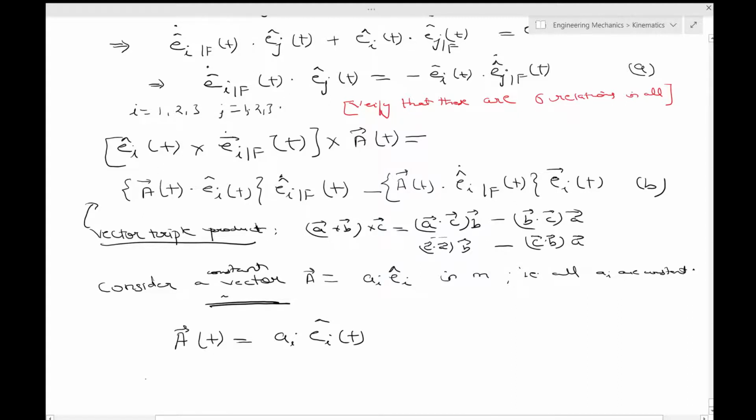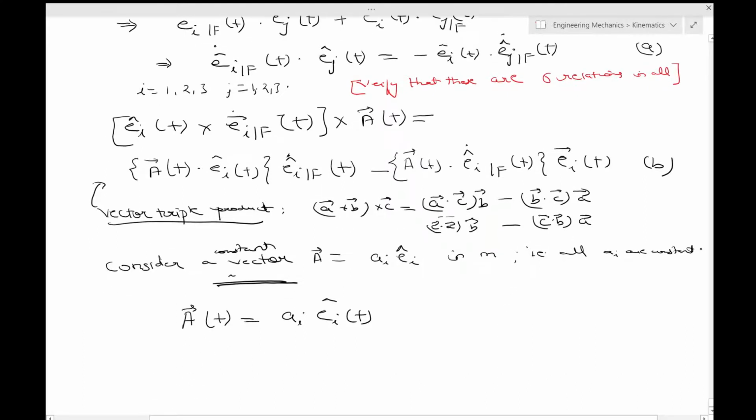Now we want to take a derivative of this, find the rate of change of this vector A with respect to time in terms of frame F. Okay, that would be like this. Now if you apply the chain rule of differentiation over here, all the Ai dots will be 0 because Ai are constant. So that would only leave us with this. Okay.